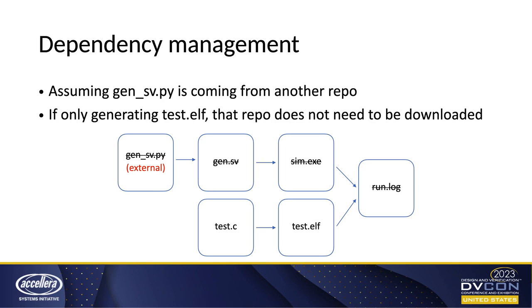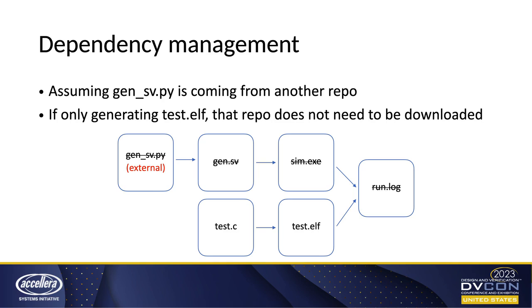And Bazel knows that. Rather than using git submodules to manage your dependencies, you can use Bazel to manage your dependencies. So you tell Bazel, hey, gen.sv.py comes from this link or this git repo. This is where you can download gen.sv.py, or maybe it's from a directory on your file system.